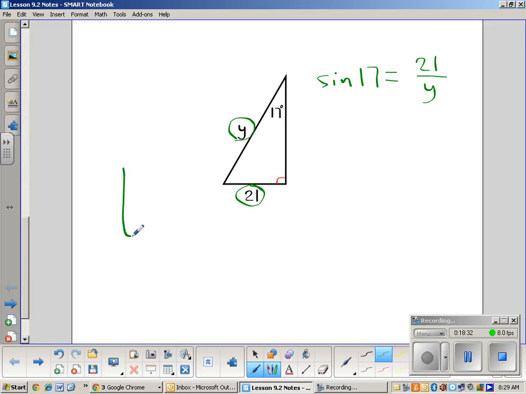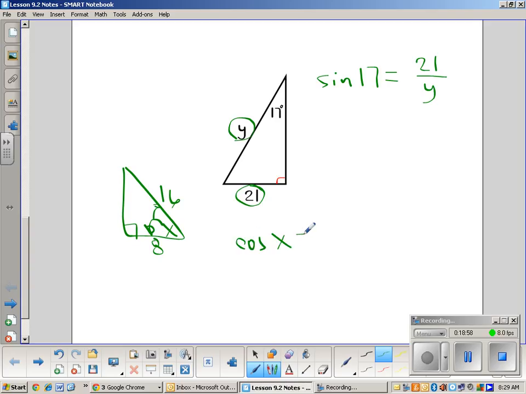If I had something that looked like this, which ratio is that? Adjacent and hypotenuse, which is cosine. So how do I set it up?